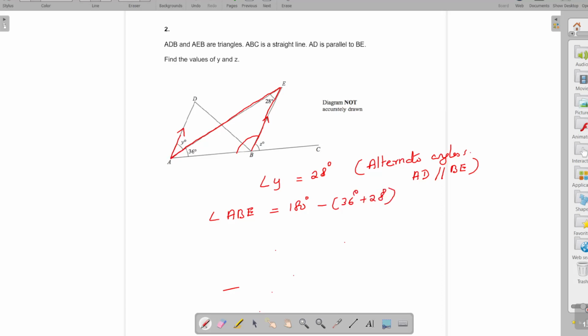We are looking at this triangle here, which is 116. So if we know this is 116, then we can find the z now because that's a straight line. Therefore, z is 180 minus 116, which is 64.